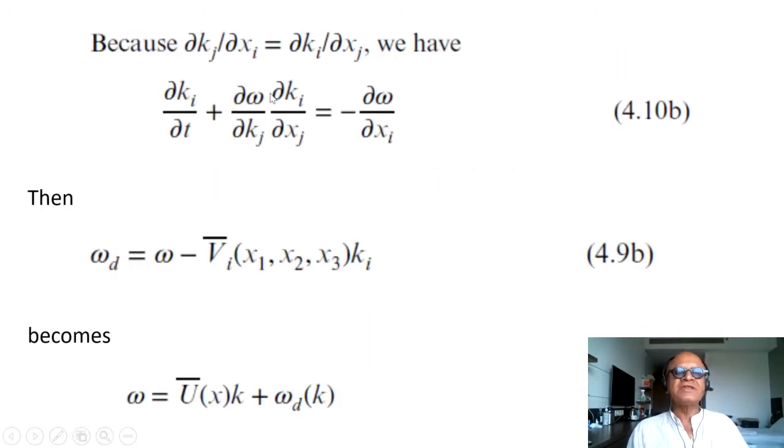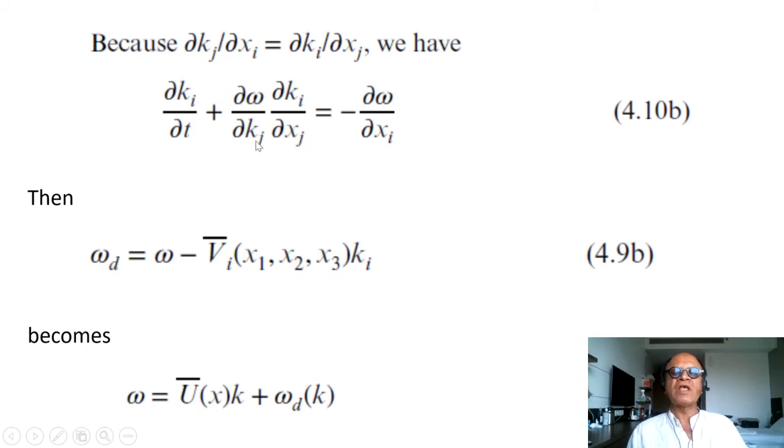Because ∂xj∂xi is just ∂xi∂xj, we can write this previous equation 10a as ∂ki/∂t plus ∂ω/∂kj ∂ki/∂xj, which is equal to minus ∂ω/∂xi. It is a simple manipulation of writing the variability of frequency in a spatial direction as a function of changing wave number, and the frequency dependency on the wave number.